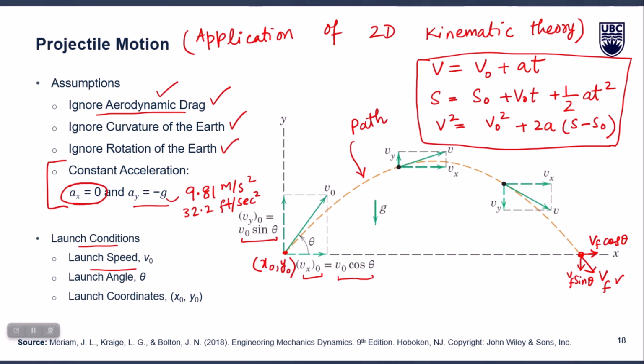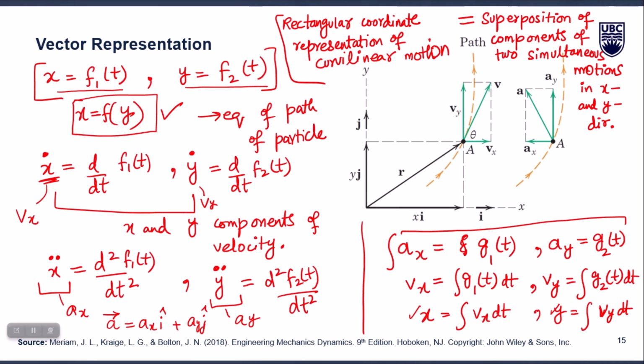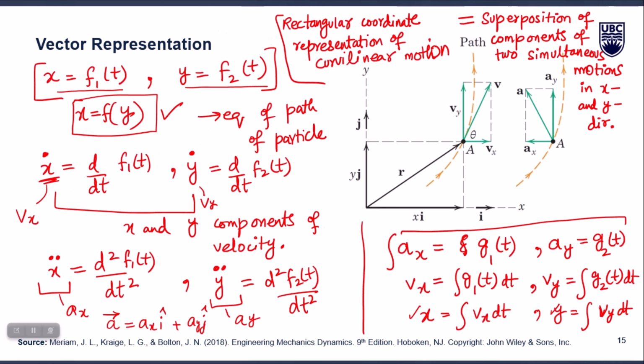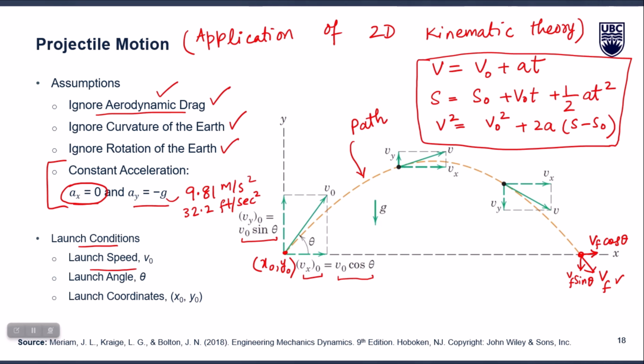So if you go back to the notation which we discussed, here you can see that small x is the distance in the x direction or the magnitude of the x component of the position vector. Similarly, small y is the distance in the y direction. So let's keep that notation consistent and apply it in the x direction separately.